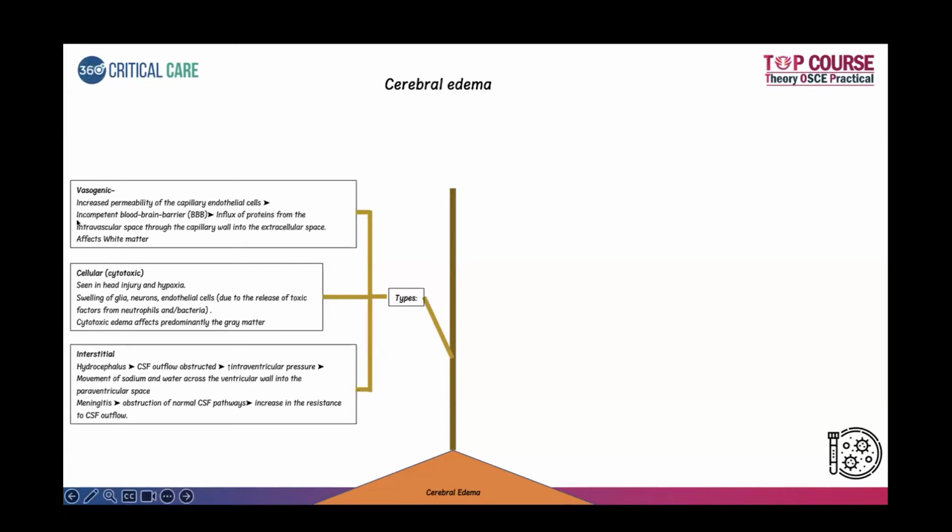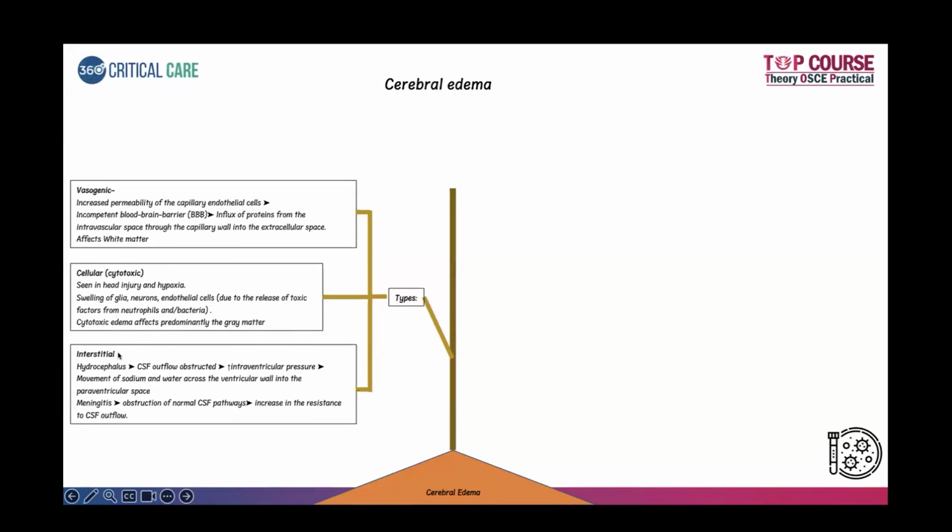So vasogenic is an incompetent blood-brain barrier. Now, cellular or cytotoxic is seen in head injury and hypoxia. This is because of swelling of glial cells, neurons, and endothelial cells due to release of toxic factors from the neutrophils and bacteria. Cytotoxic edema usually affects the gray matter. So vasogenic is white matter, cytotoxic is usually gray matter involvement.